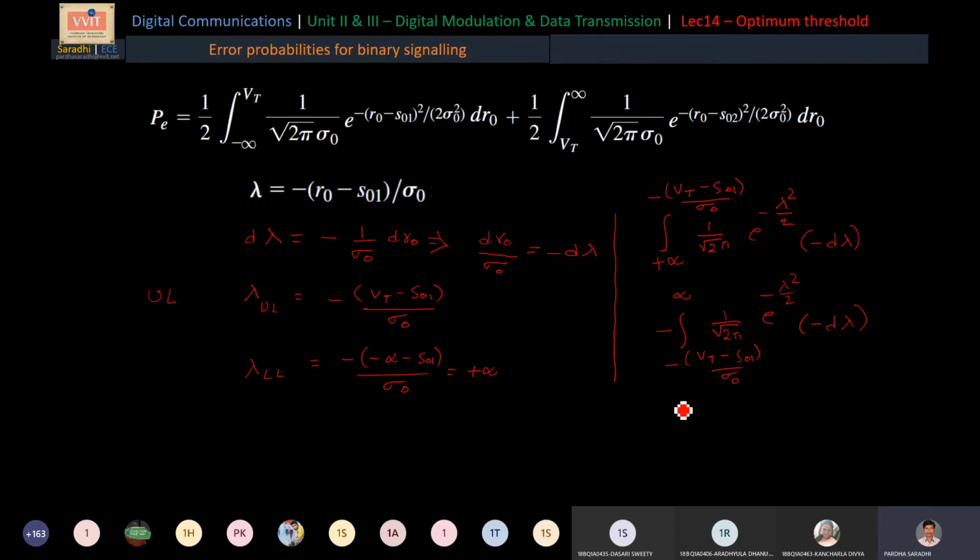Then what follows is the integral from minus Vt minus S01 by sigma naught to plus infinity, of 1 by square root of 2 pi, e power minus lambda square by 2 d lambda. Do you still have any doubt about what happened to this negative sign? This negative sign multiplied by this negative sign becomes positive. There is no negative here. Now this is what we are having.